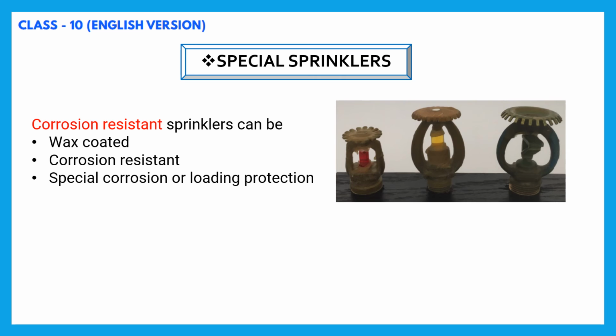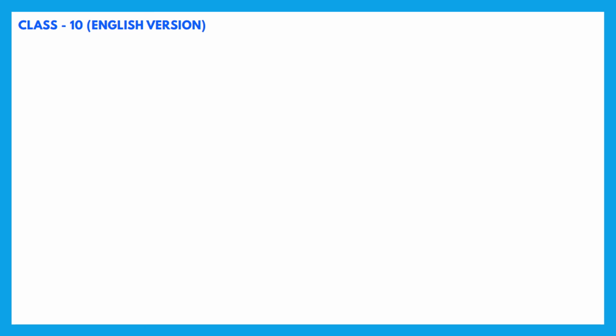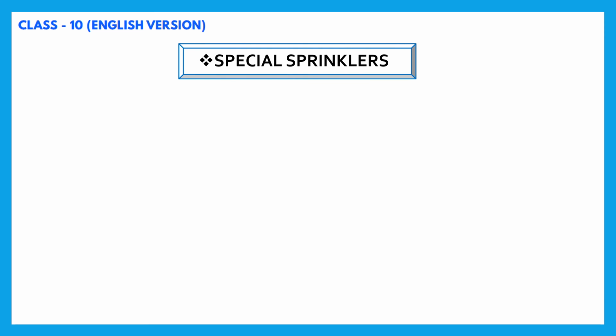One alternative way to use special sprinklers in a harsh environment is to use standard sprinklers but protect them. There are various other special sprinklers such as dry sprinklers, institutional sprinklers, intermediate level sprinklers, and pilot line detectors.